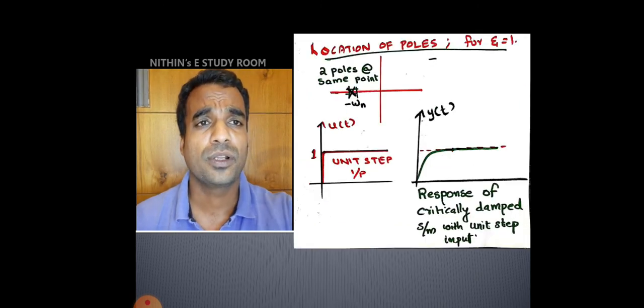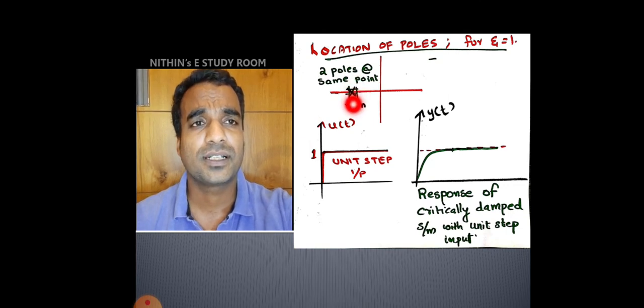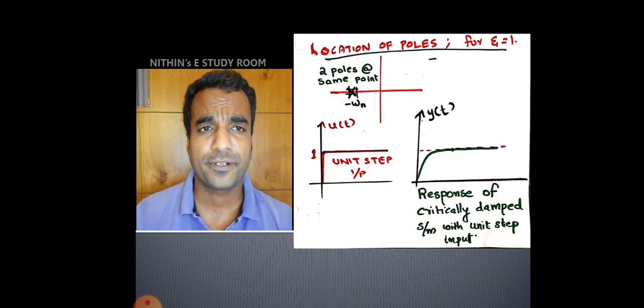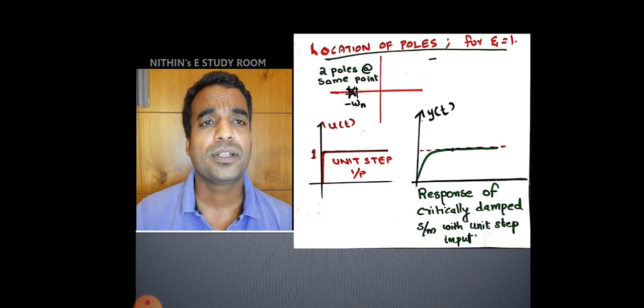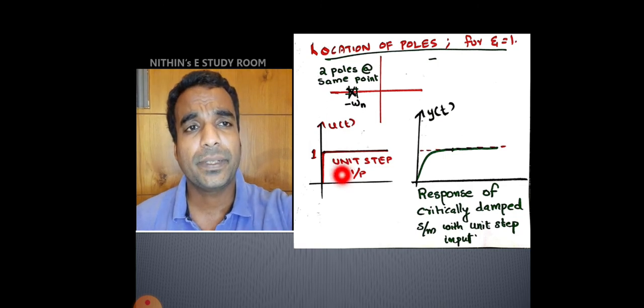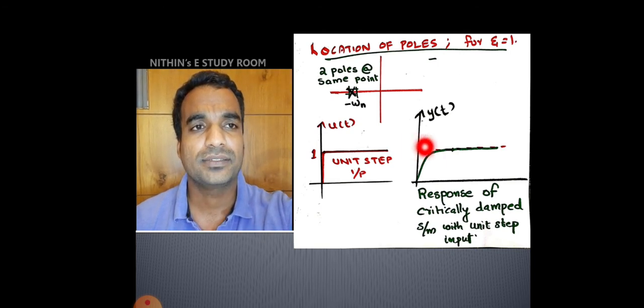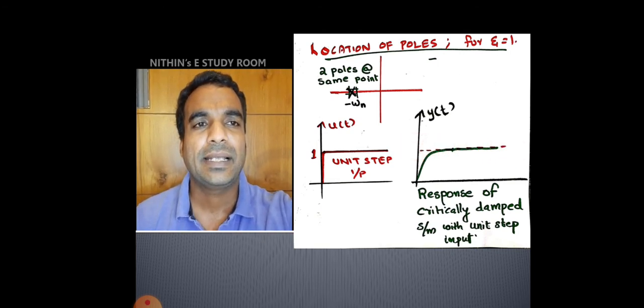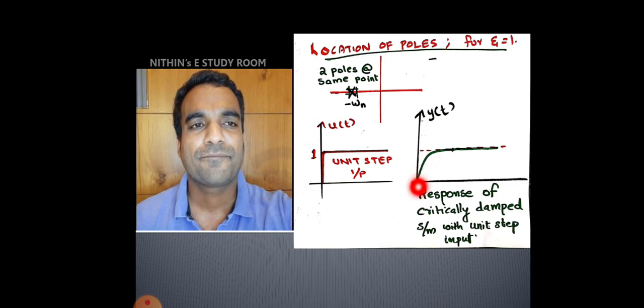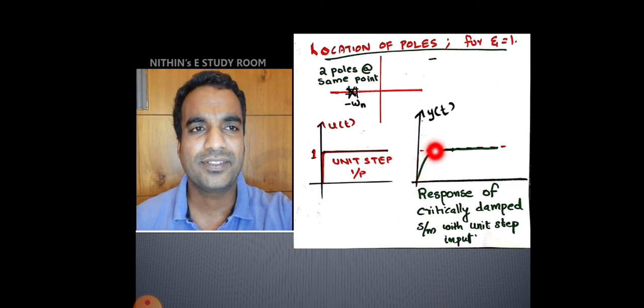Now the location of the poles: because both poles are there, I am drawing a diamond shape. Both poles are placed at the same point, two poles at the same point, and both are on the left side. Now if you give a unit step input to such a system, this is the line of 1. The system will touch the line of 1 as a smart guy with perfect behavior.